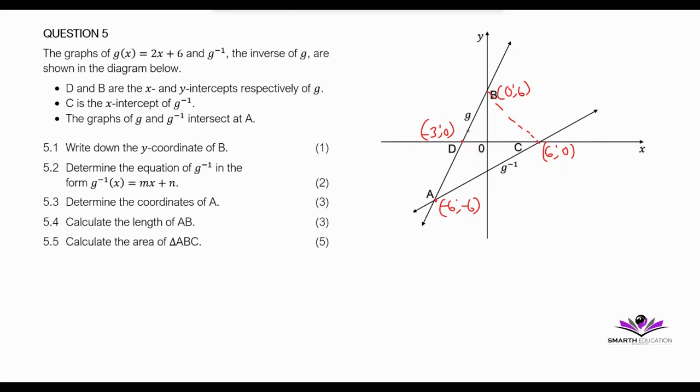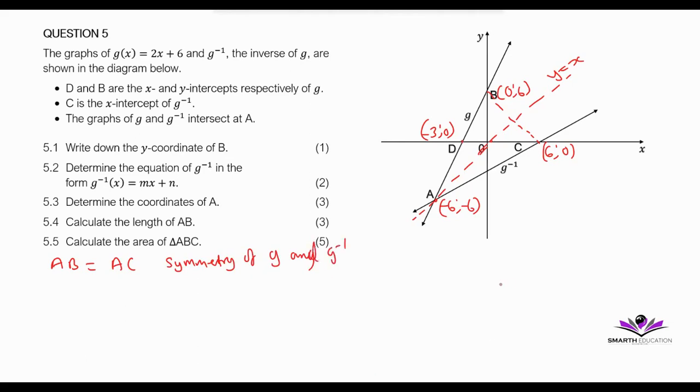Remember, g of x and its inverse are a reflection of each other about the line y is equal to x. y is equal to x is like the line of symmetry, meaning that AB is equal to AC, because of symmetry of g and its inverse.